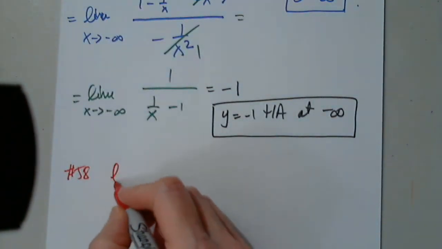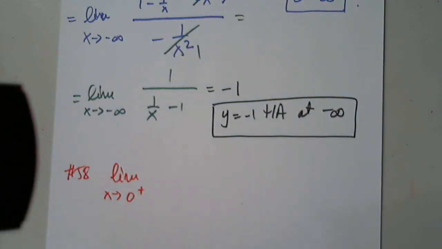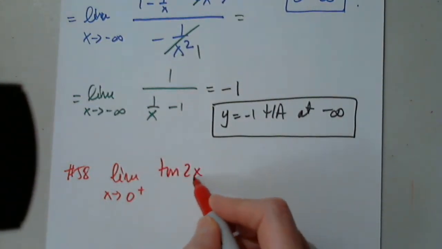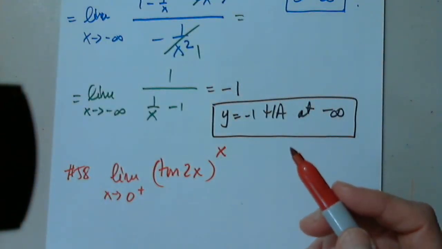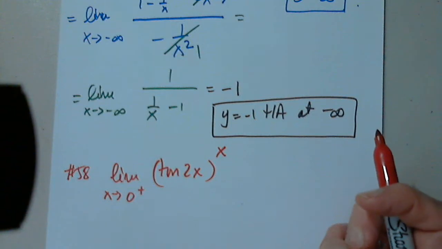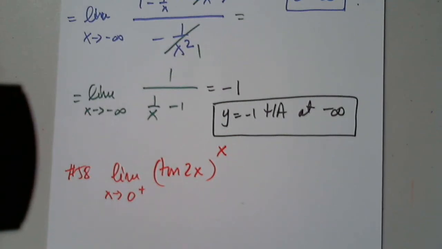It was my turn to choose anyway. X approaches 0 from the right, tangent to x. If we did this problem, we can skip it, or I can let you choose. Did we do this one? I don't remember. Okay, good.